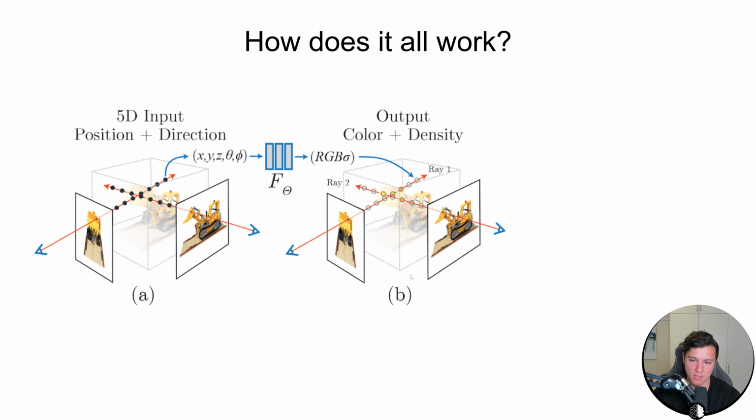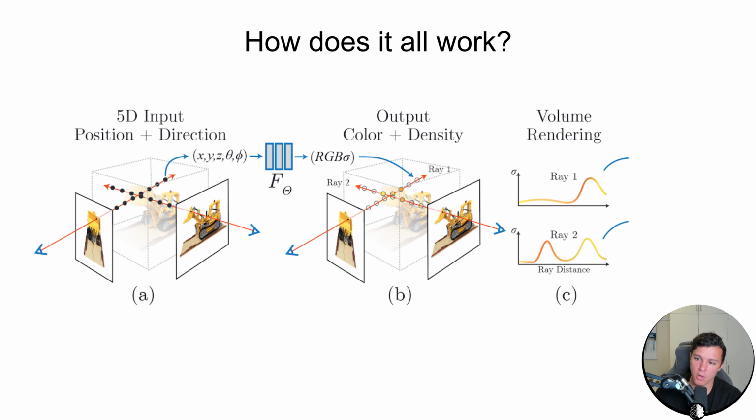So we have these guesses for the output of each point, for each ray, for each input image. So we take those, and now we basically use more traditional volume rendering methods. And in this case, what we see is the density along each ray. So for ray 1, for example, in the beginning, there's nothing there, so the density is very low.